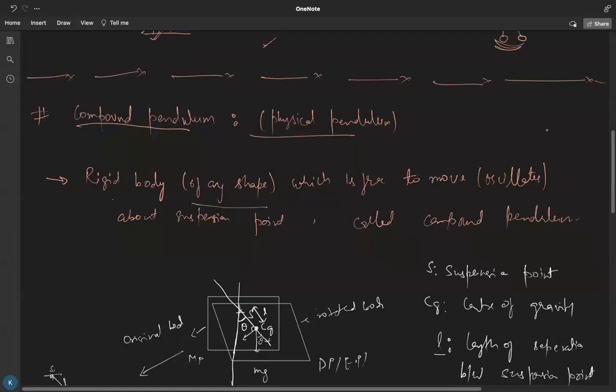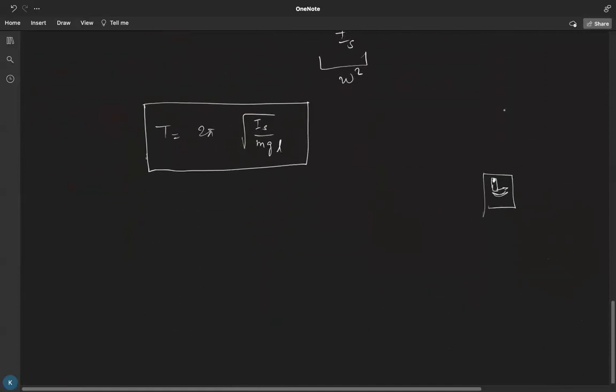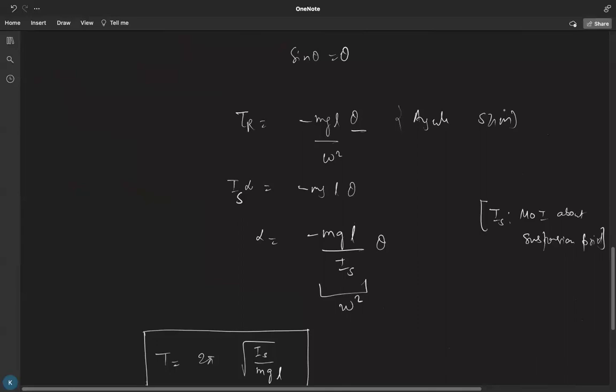It may be of this kind of shape as well. So this system does not have mL square as its moment of inertia, so I am just writing it as I about the suspension point. It's different for different kinds of systems. When we deal with the problem, it will be clear to all of you, right?